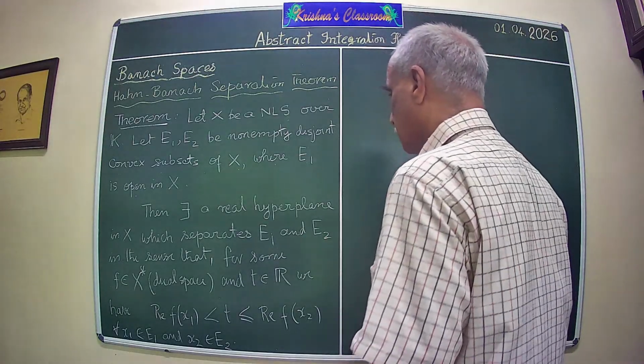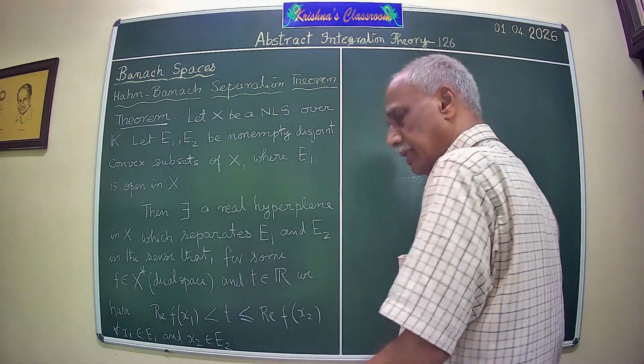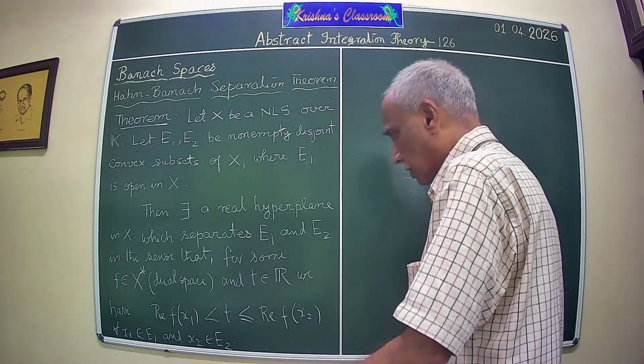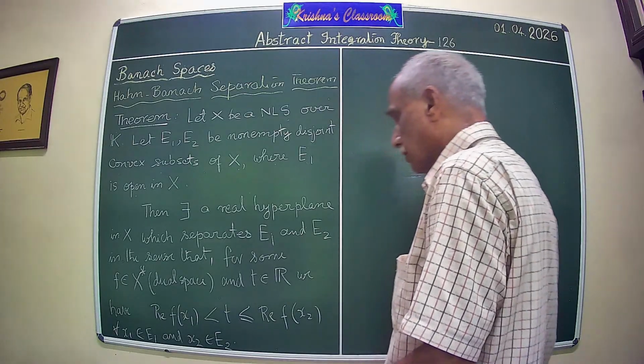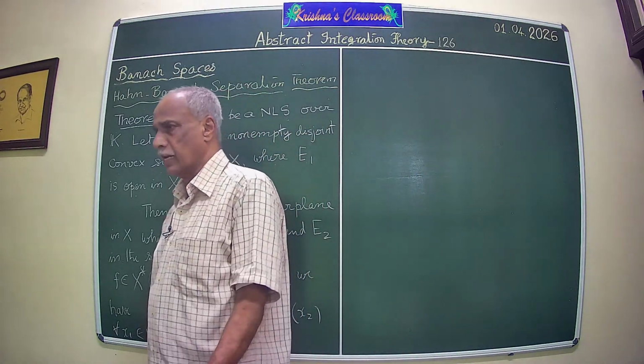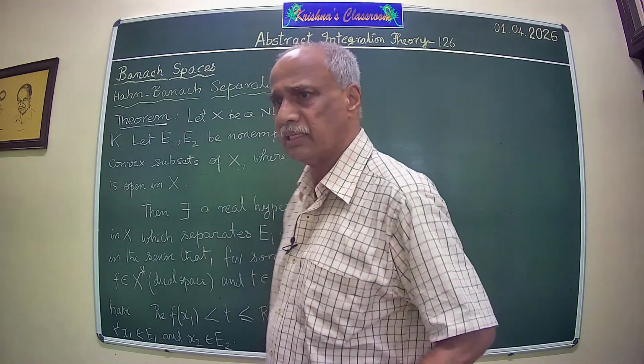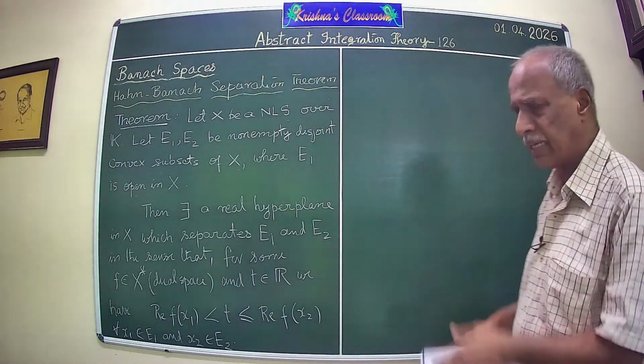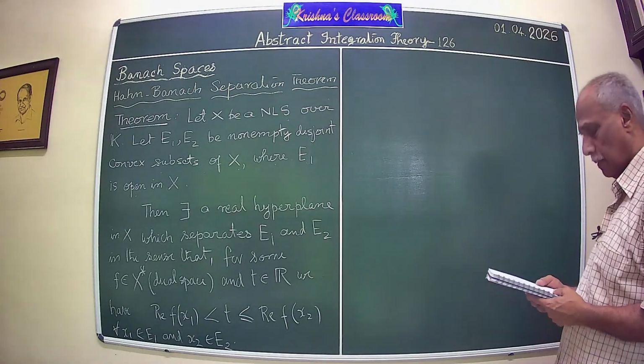Okay. So I will explain this out. So we are talking about a real linear function. Now suppose you have a complex linear function, then the real part of it is a real linear function. We have earlier considered this case.